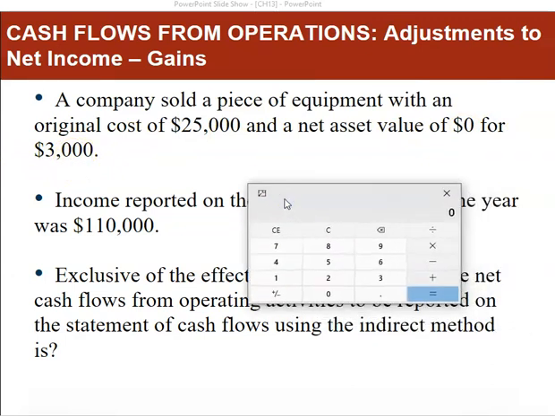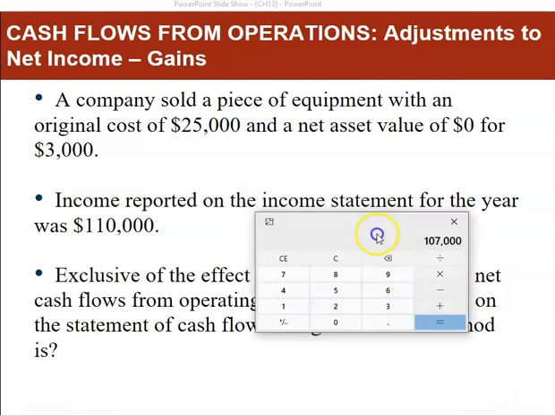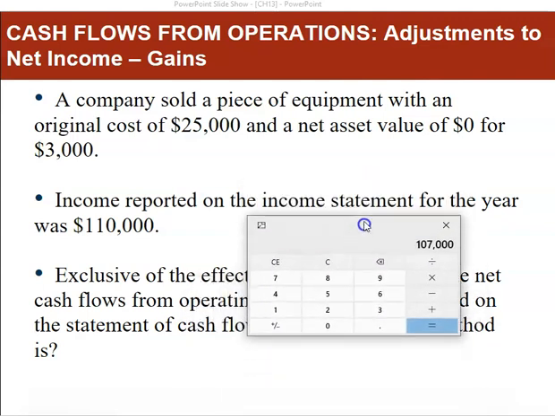We have a $3,000 gain there, but selling equipment is not part of the ordinary and necessary course of business unless we're in the equipment selling business. So we're going to take our $110,000 and we're actually going to subtract $3,000. And so, exclusive of anything else, our cash flows from operations are at $107,000.